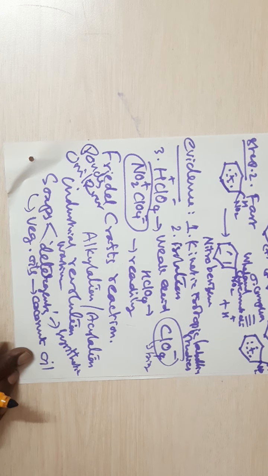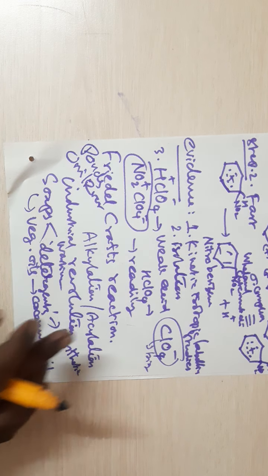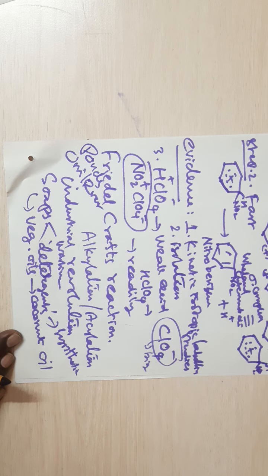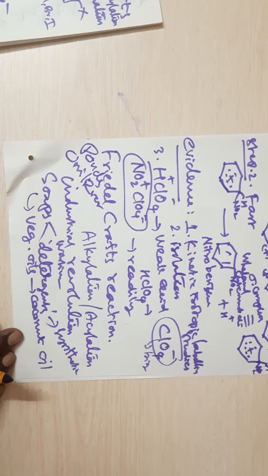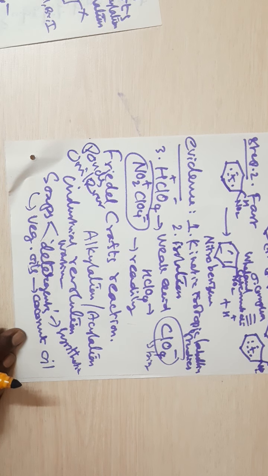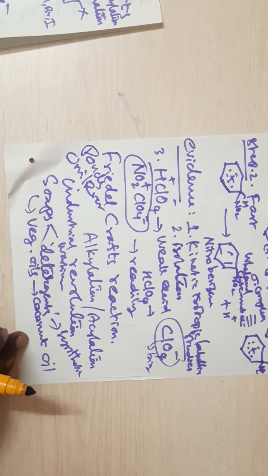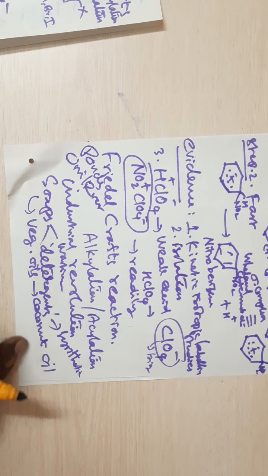The evidence comes from the kinetic isotopic labeling studies and also from the isolation of the intermediate. There is a third evidence for the nitration reaction. There are some compounds which contain nitroperchlorates. They readily give the nitrated compound when they are treated with aromatic compounds.